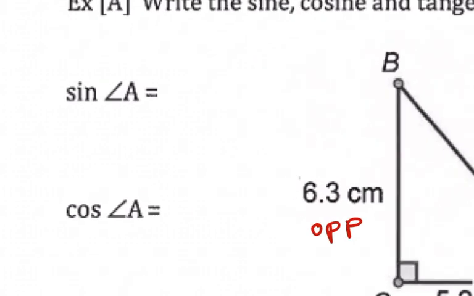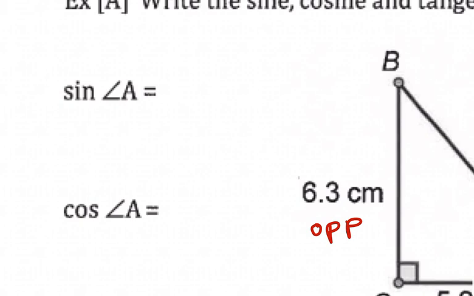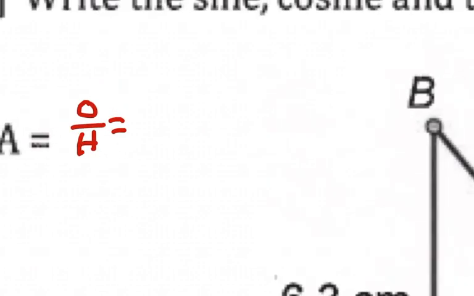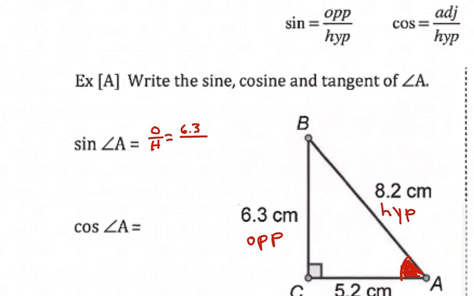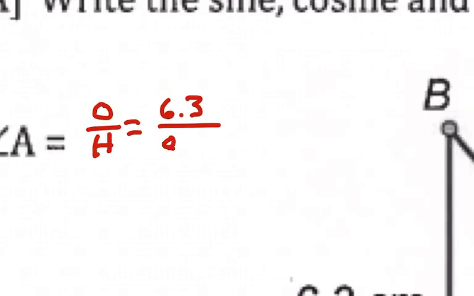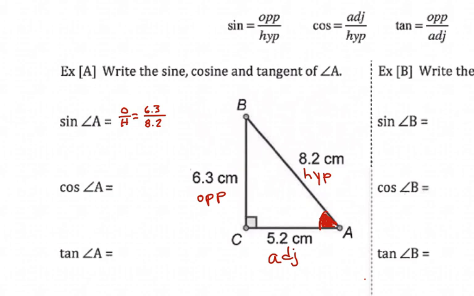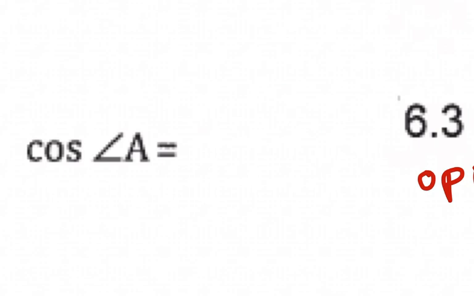So sine of angle A, remember that's opposite over hypotenuse. So if I look, my opposite side is 6.3. My hypotenuse is 8.2. So that would be my ratio. So sine of angle A is equal to 6.3 over 8.2. Cosine now is adjacent over hypotenuse.